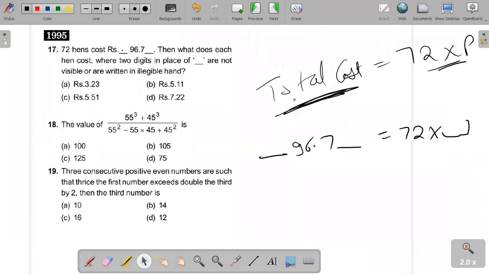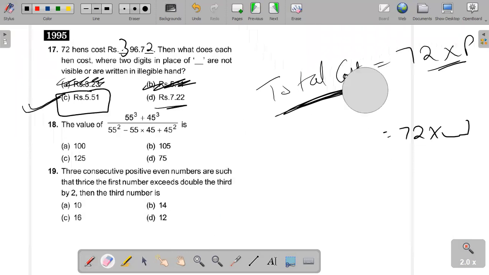Now on my mobile I will calculate 72 into 5.11, so 367.92. Before the point we need 6, not 7, so this choice is gone. 72 into 5.51 comes up to 396.72, that is all right. So this choice is fine and perfect, we don't have to check for this.